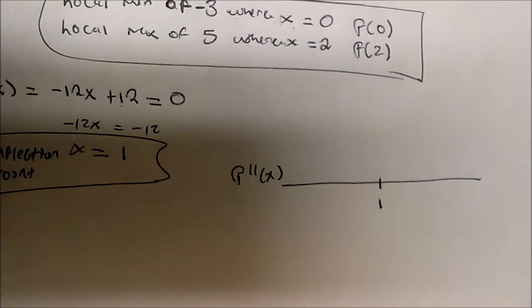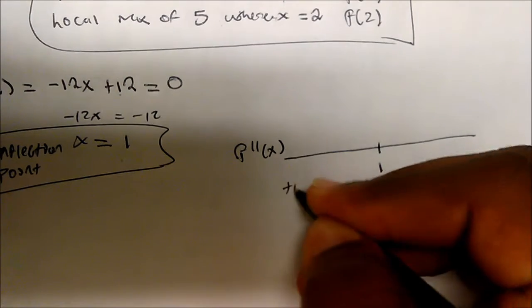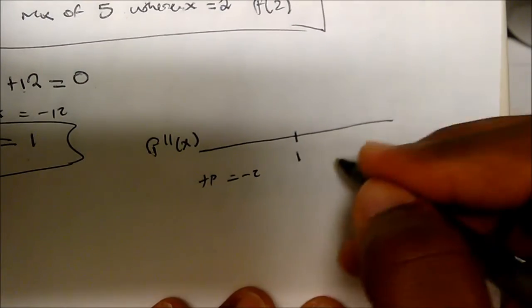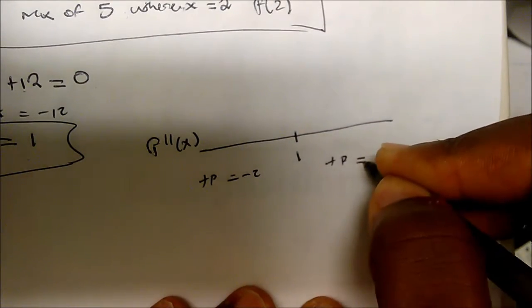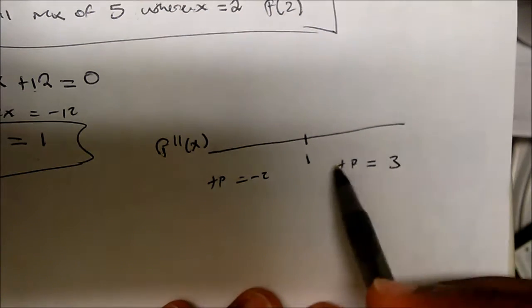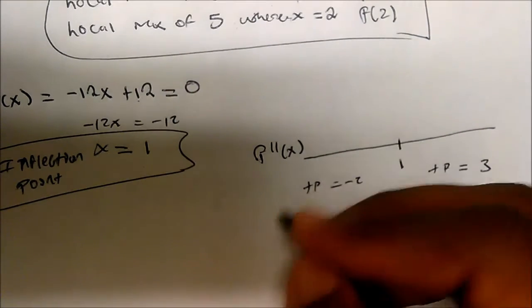Now the second derivative tells us the concavity of the function, whether it's concave up or concave down. So we can plug in some test points. My test point here will be -2, just some random number, and my test point here will be, let's choose 3. I'm going to plug these values into my function.